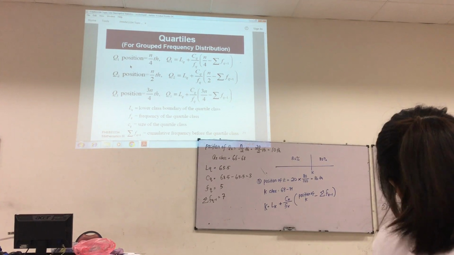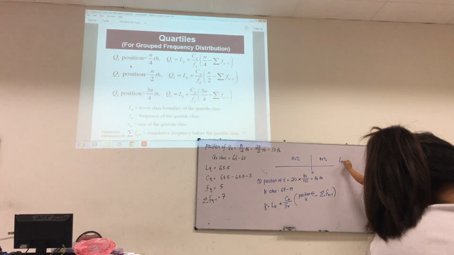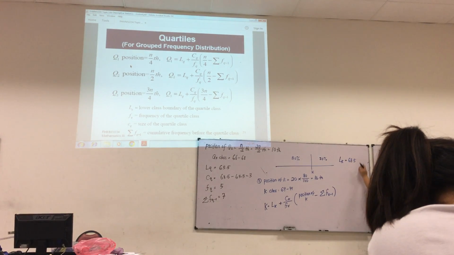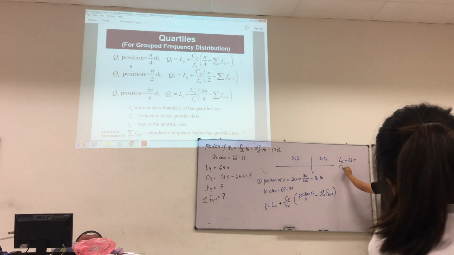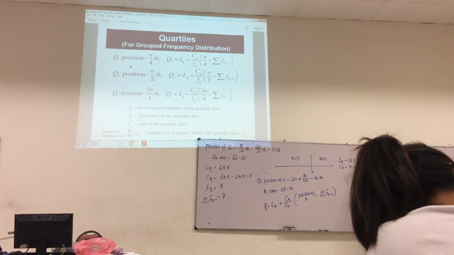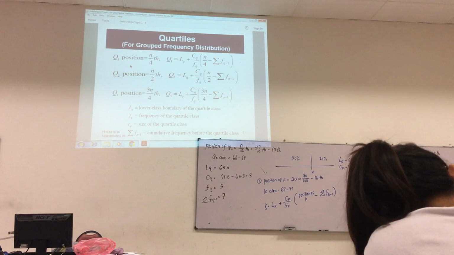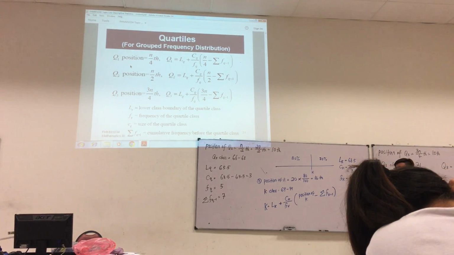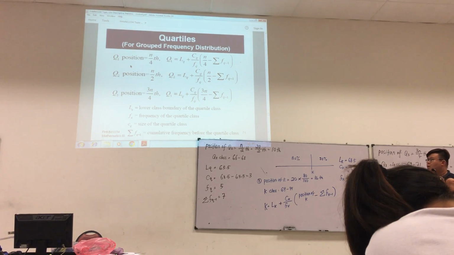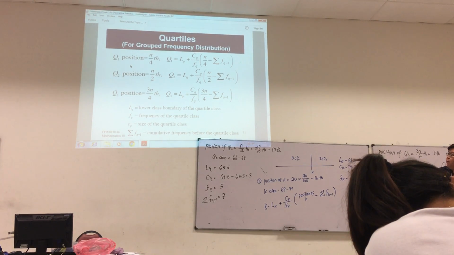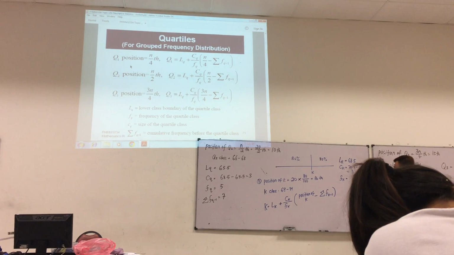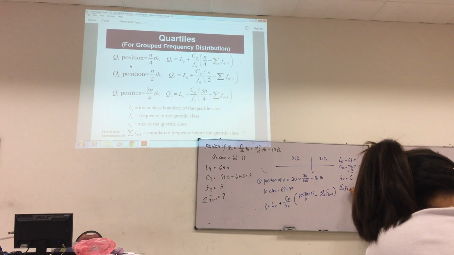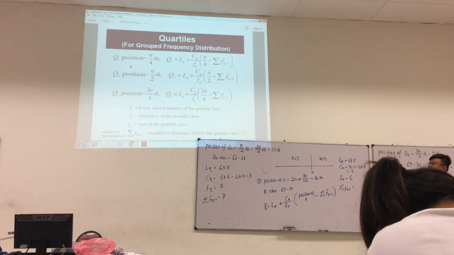So your LK, the lower boundary of the K class, will be 68.5. Your CK will be 71.5 minus 68.5, you get 3. Your FK, the frequency of the K class, will be 6, following the fourth one. Cumulative frequency before the K class will be 12.